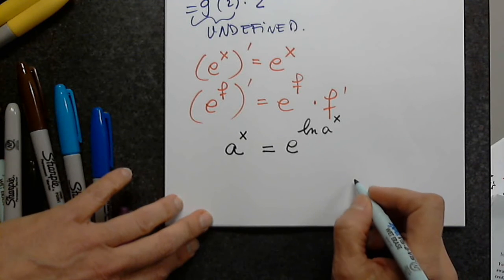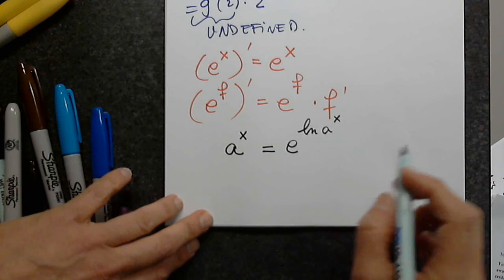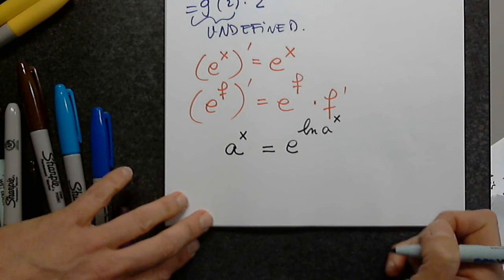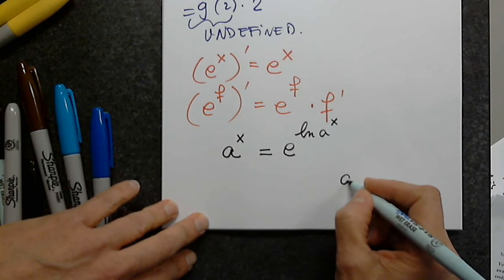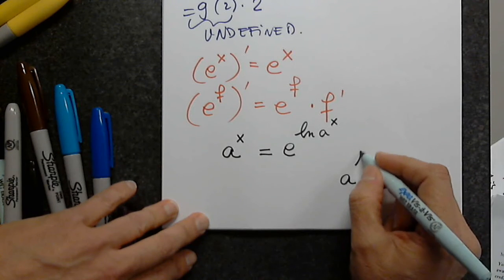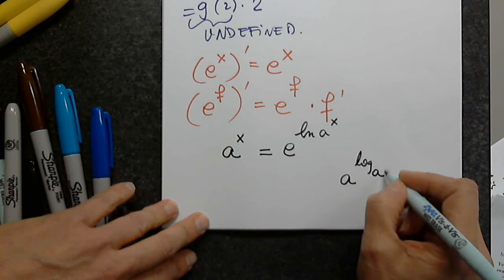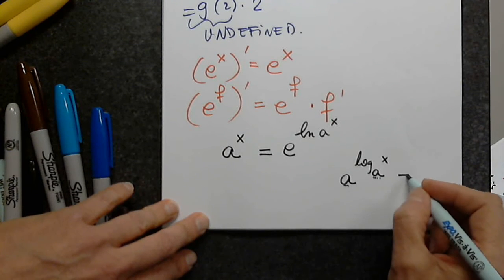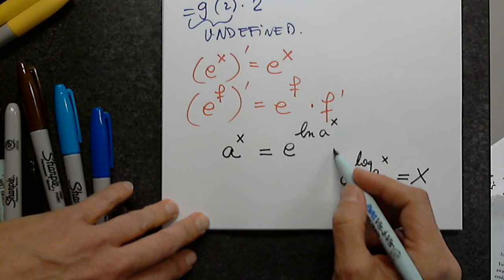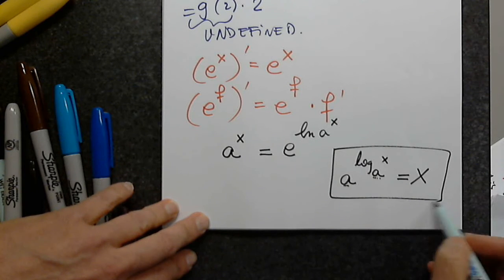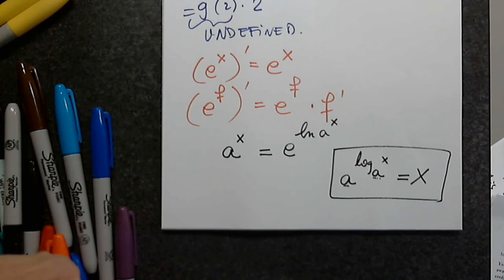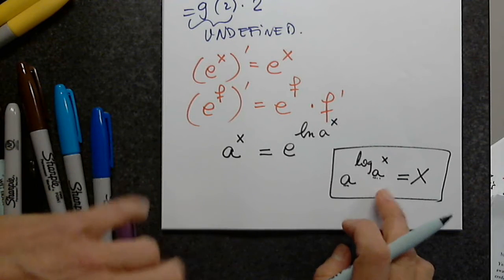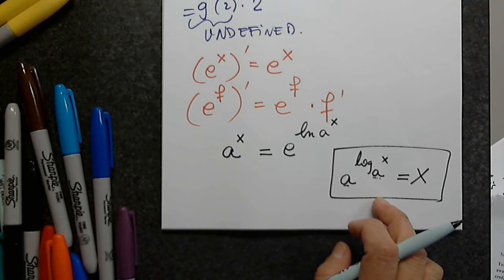Anytime I have a base raised to log base a of x, as long as the base and the log base are the same, the answer is x. This is one of the properties of exponentials and logs combined. We don't really talk a lot about this property in pre-calculus.